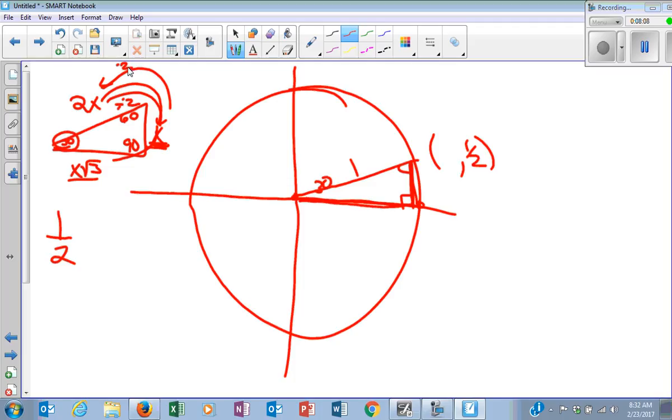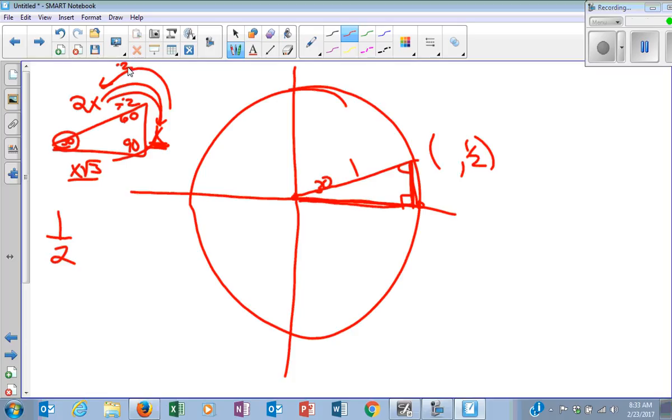But you shouldn't use this way to create the unit circle every single time. It will take you too long. I'm explaining to you where it comes from so you have an idea, so you don't have to just trust me, because I know you guys don't. So you can just be like, oh, he does make sense, like he's not making it up. But from now on, you do need to memorize this. And I'm going to show you an easy way to memorize these ordered pairs in just a minute.